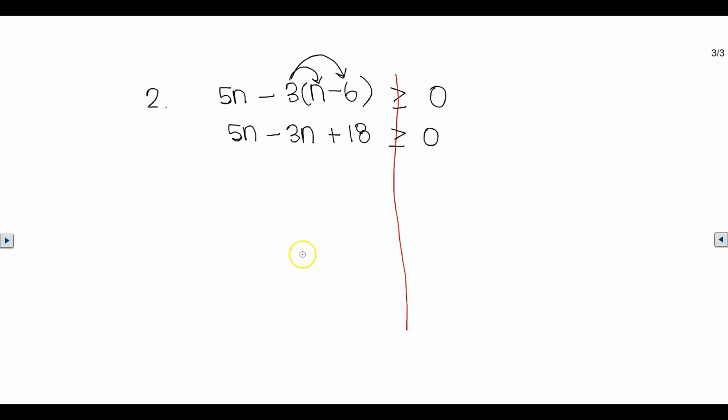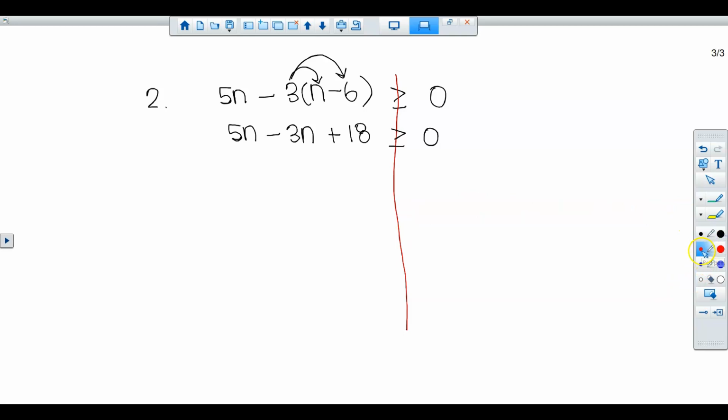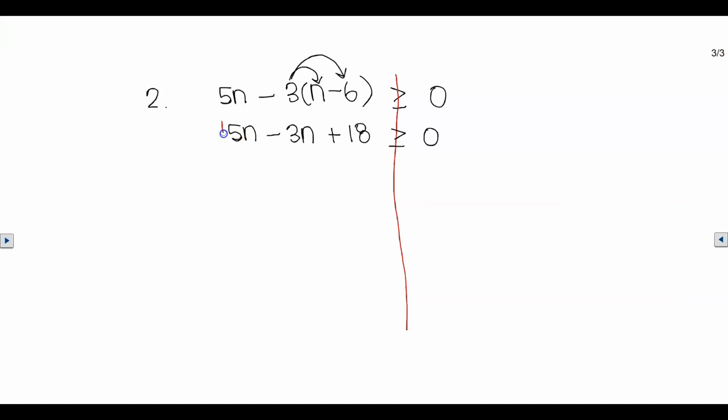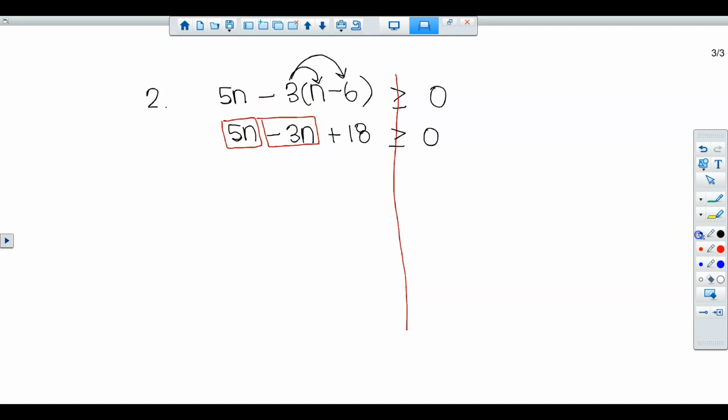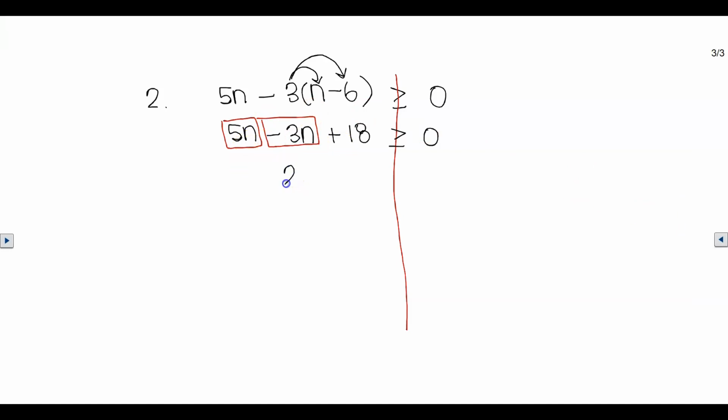So step 1 is done. Step 2, can I combine like terms on the same side? And the answer this time is yes. I see on the first side of the problem that I can combine 5n and negative 3n. So 5n minus 3n makes this 2n, plus 18 is greater than or equal to 0.